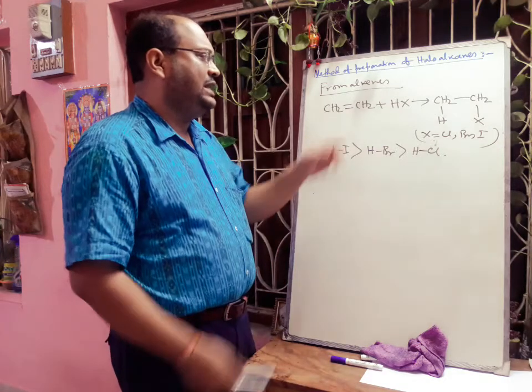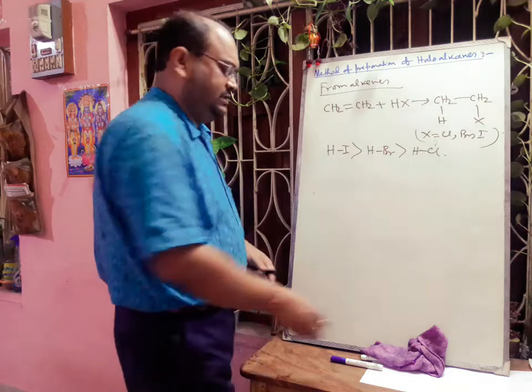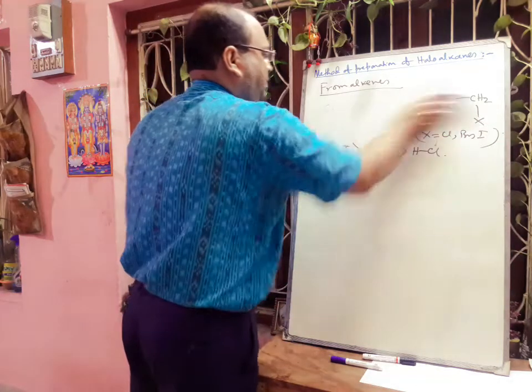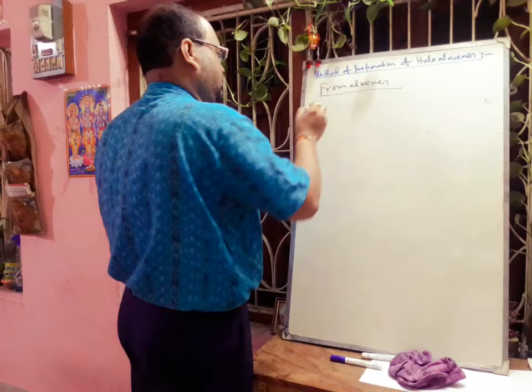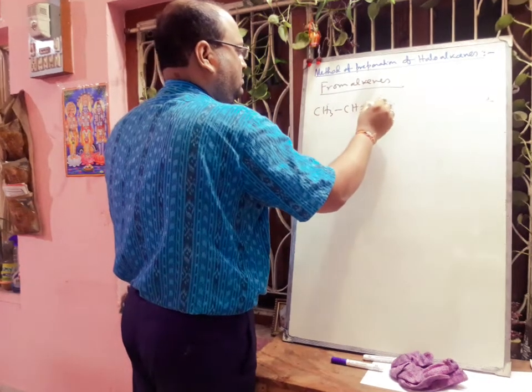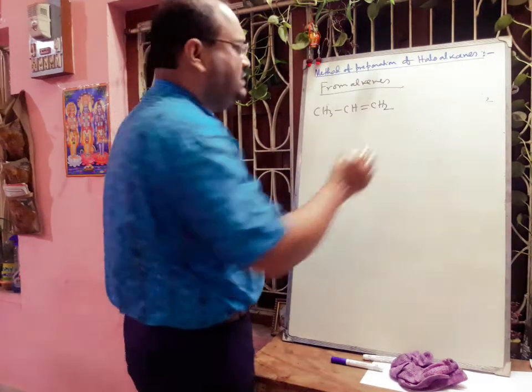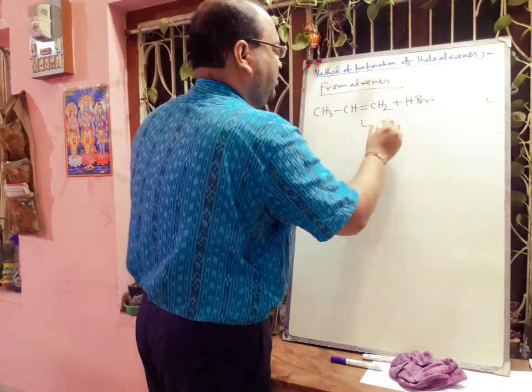Here the type of alkene is symmetrical. If we take some unsymmetrical alkene like propene and add HBr, then there will be two types of product.